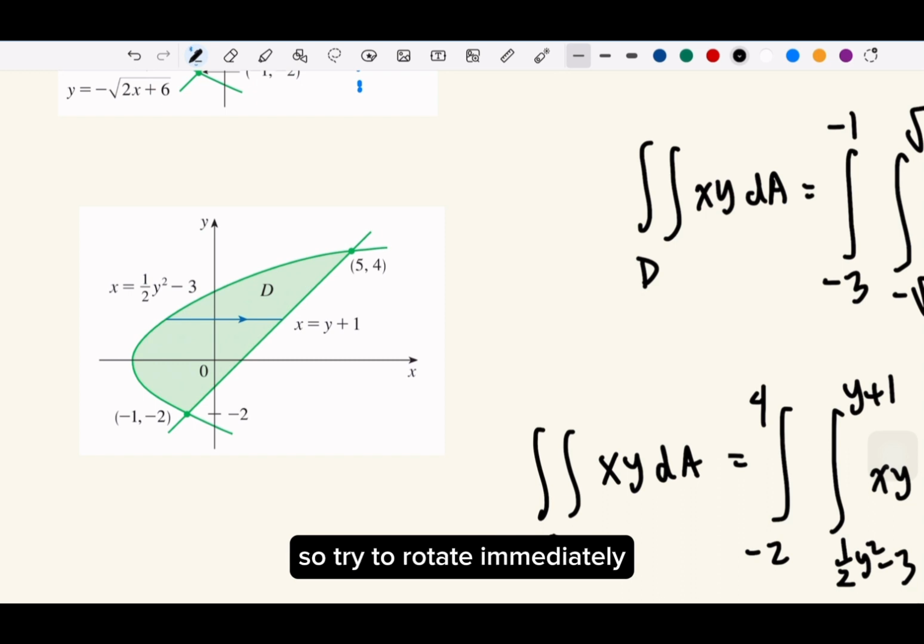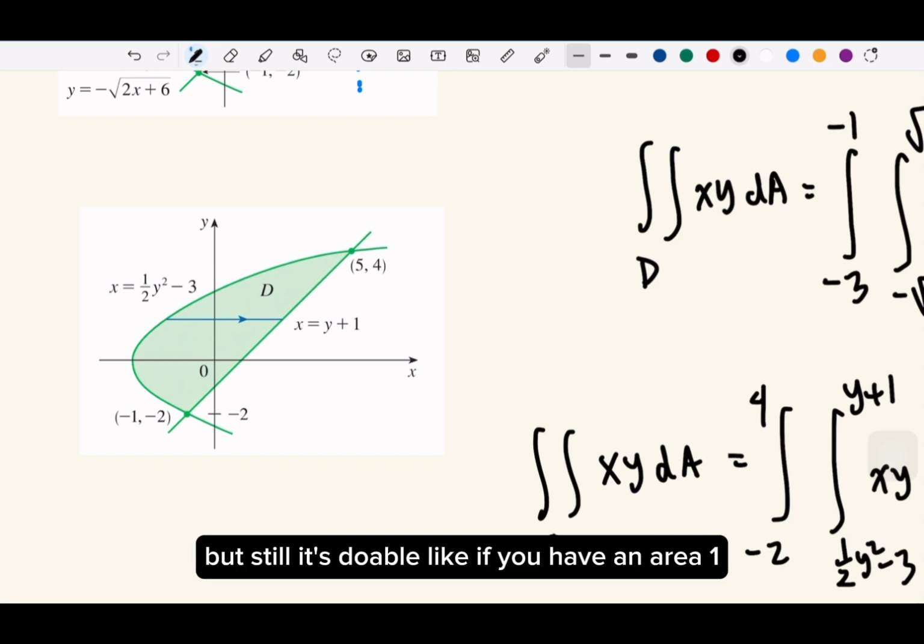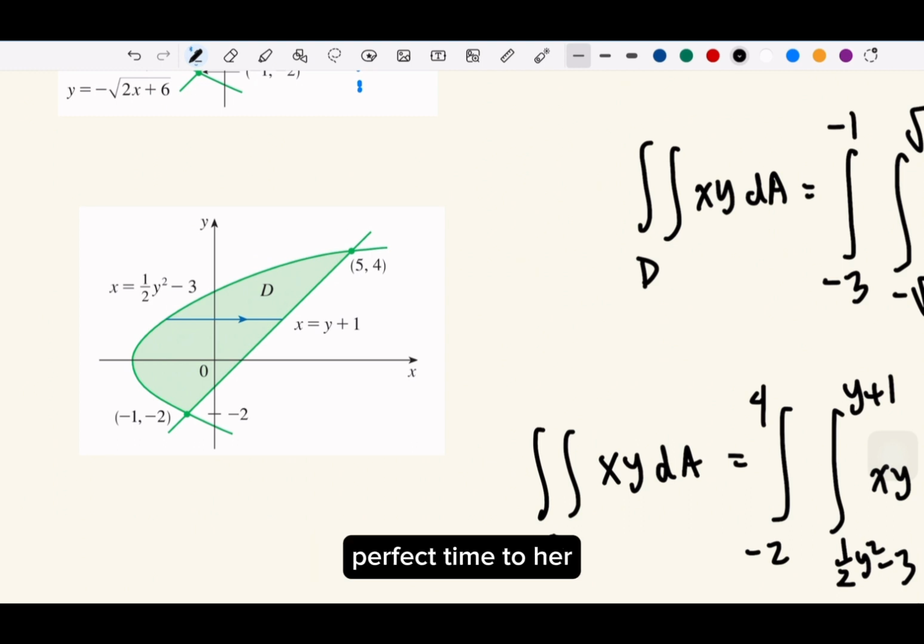So try to rotate immediately and see, oh, I think it's better to have this top and this bottom. So just use that. But still, it's doable. If you have area 1 and area 2, you need to simplify, and one curve becomes two curves.